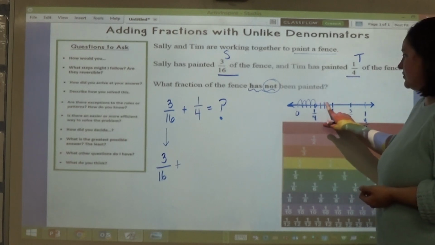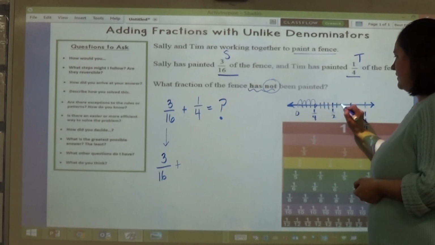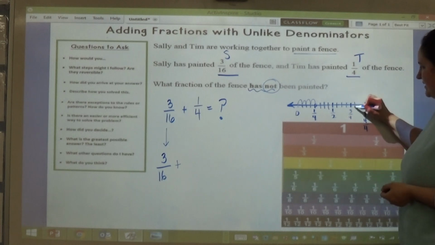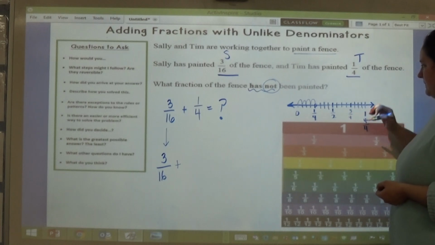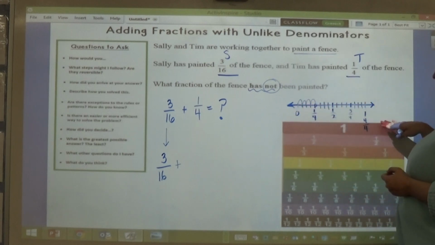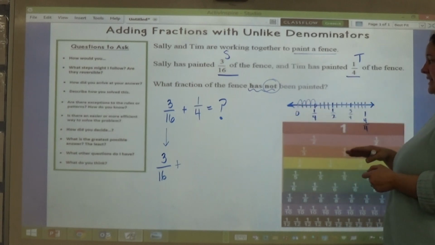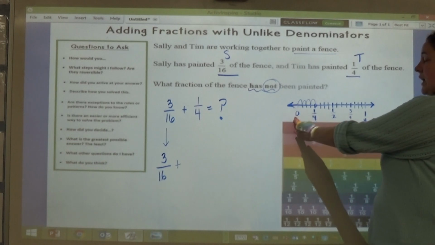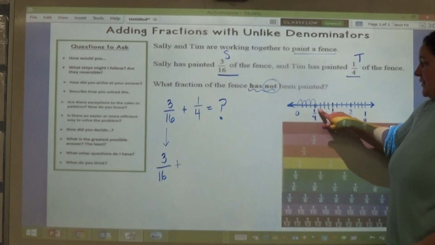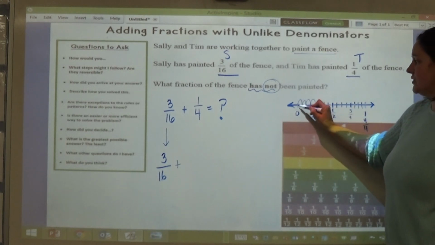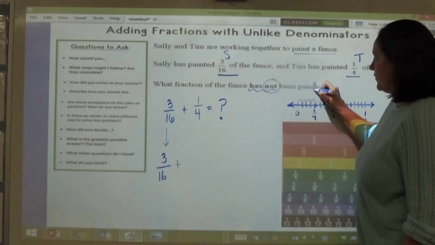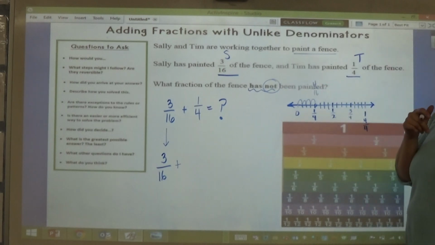That's 1, 2, 3, 4 more 16ths. So I have 16 equal spaces on my number line between 0 and 1. And now I'm trying to find an equivalent fraction for 1/4. So 1/4 is also equal to 4/16. I'm just going to go ahead and write 4/16 so we don't forget that, okay?